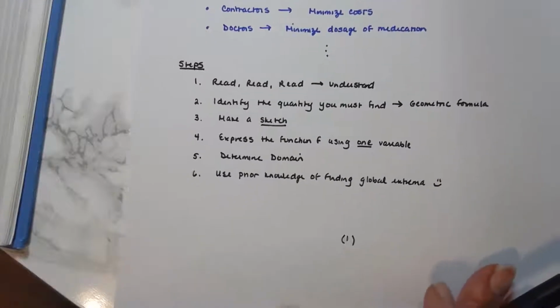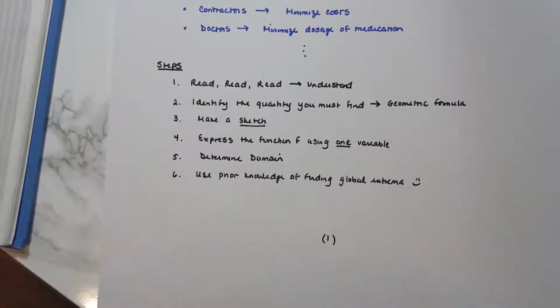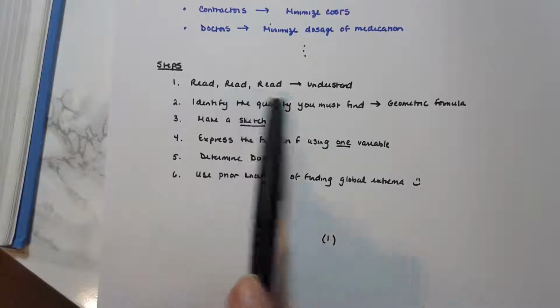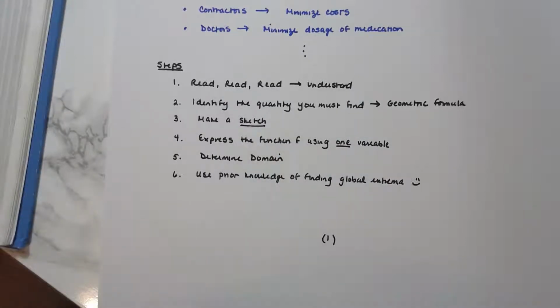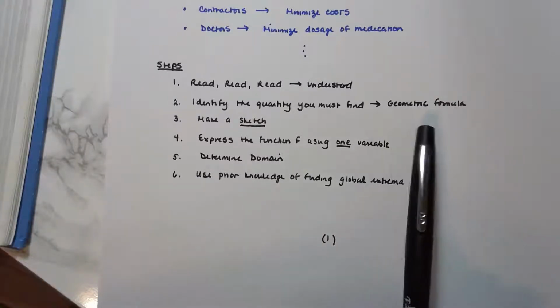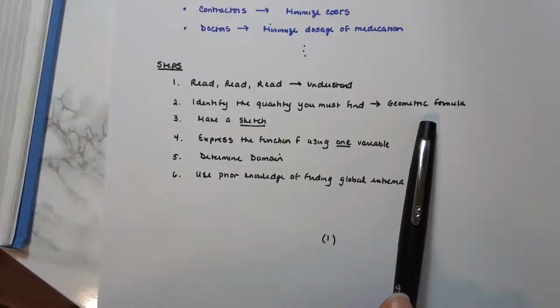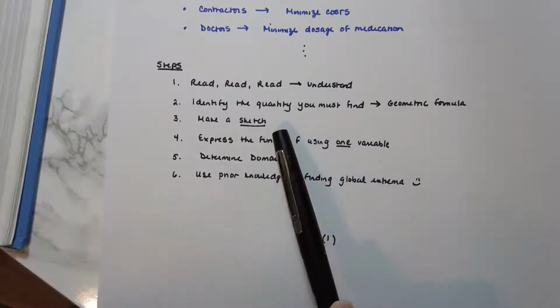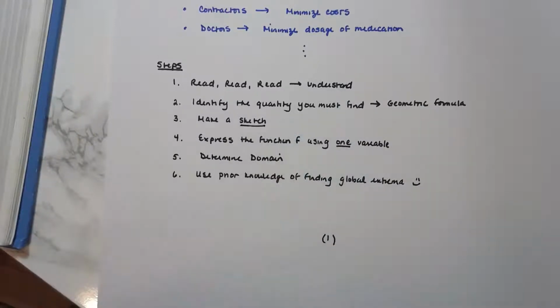Okay, so I wrote down some steps that should be helpful. Again, I can't stress it enough. Read until you understand the problem. Identify the quantity you must find, that is the thing to be optimized, and relate it to some geometric formula that you know. Make a sketch. I can't stress it enough. I stressed it with related rates. I used to go crazy about the sketch.